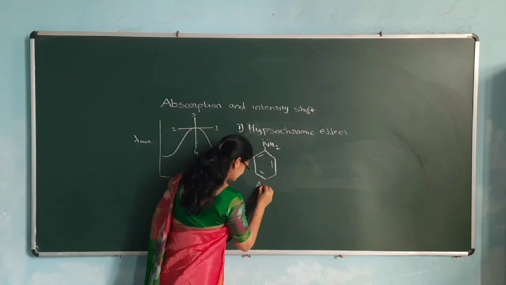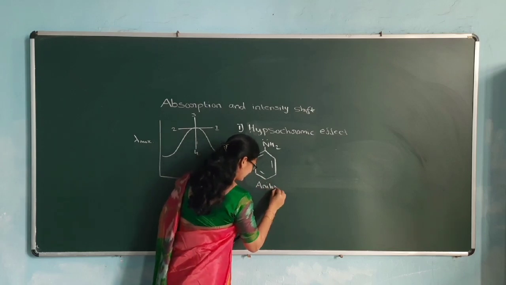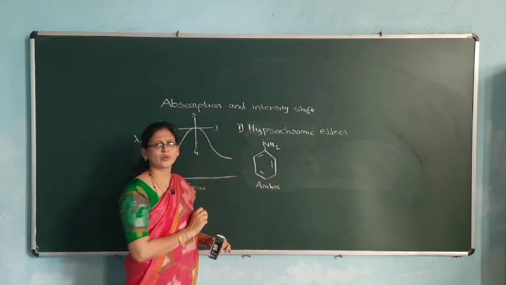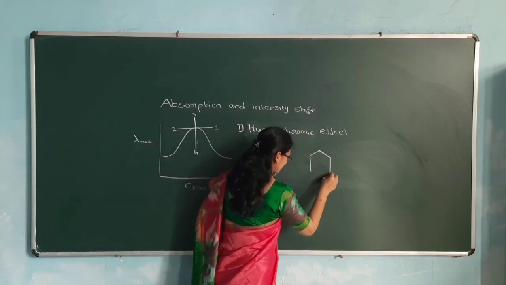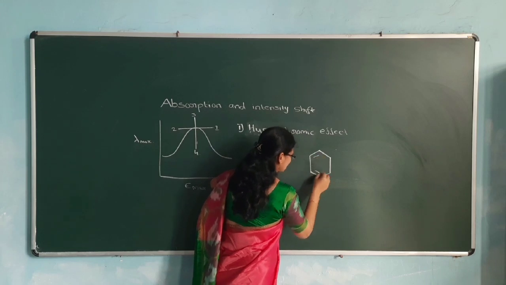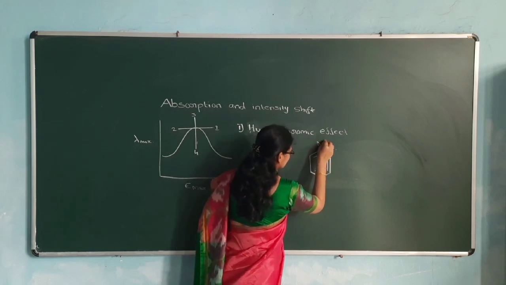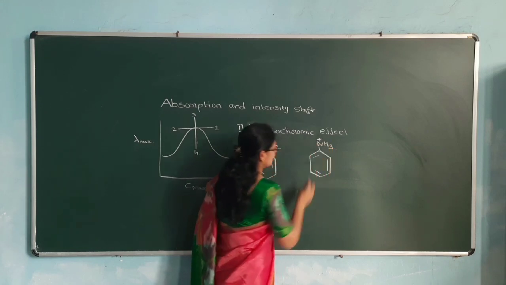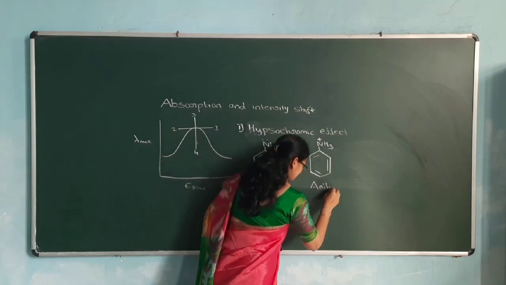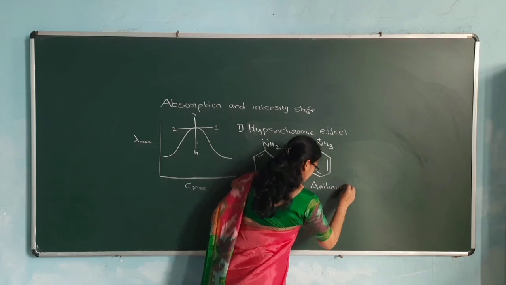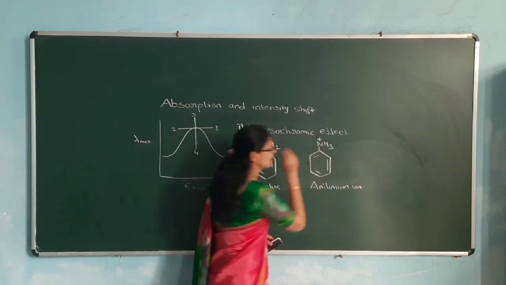This is aniline, and when HCl is added to aniline, we will get the anilinium ion, that is NH3 plus. We will write NH3 plus. It is an anilinium ion, right?